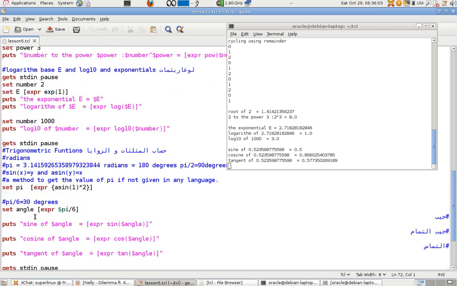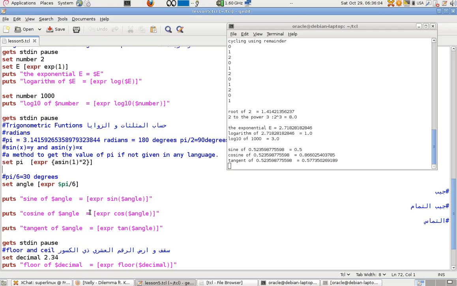If I want the sine of the angle 30 degrees, it will be pi over 6. 180 degrees over 6 is 30 degrees, which is pi over 6, because here we deal with radians, we don't deal with degrees.